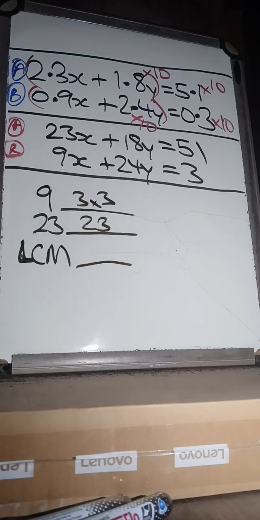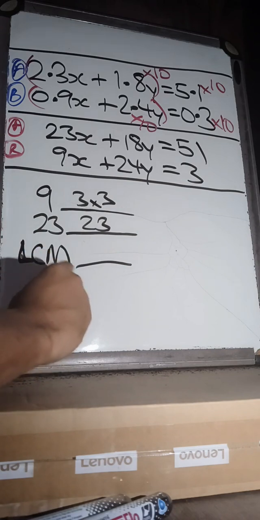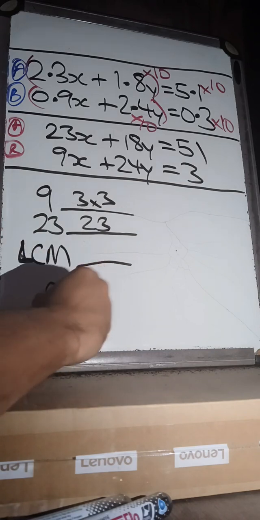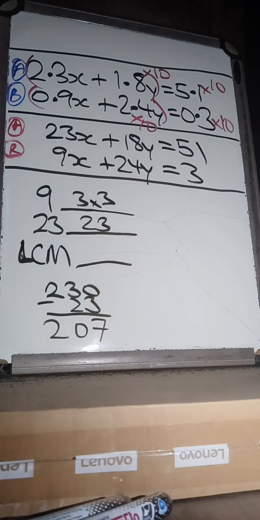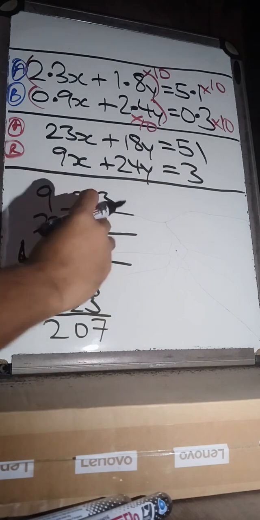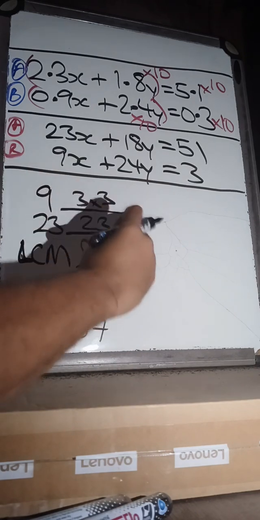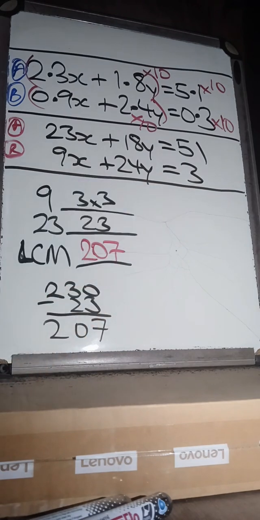So we just have to multiply 23 by 9. Right? So 230 minus 23, looking like 207, right? So therefore, the LCM of 9 and 23 is 207.